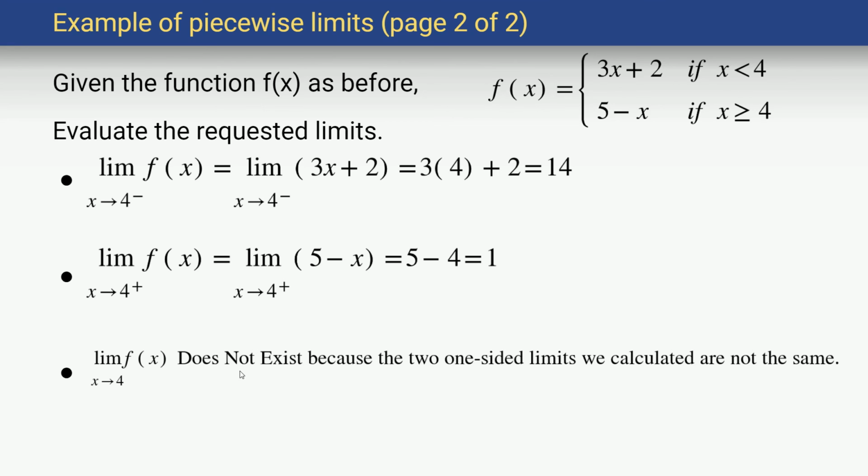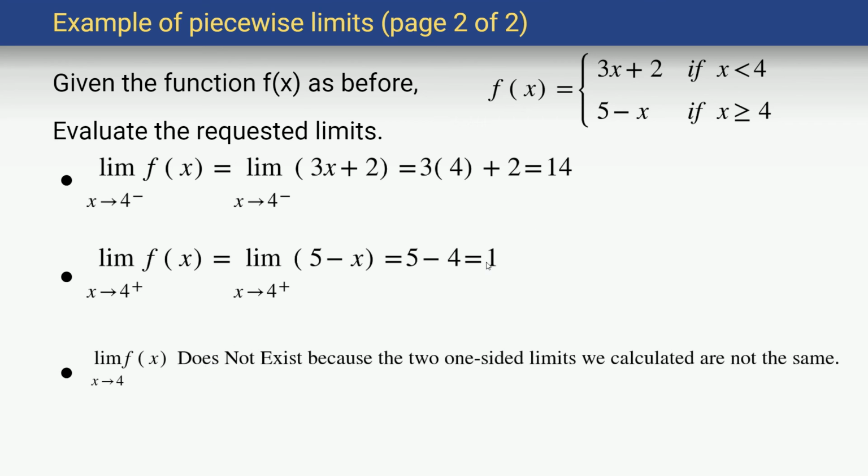It does not exist because remember what we said about two-sided limits in the first lecture. The two-sided limit only exists when these are the same number. So you can't have a 14 and a 1. If you had a 14 and a 14, then you'd say 14. If you had 1 and 1, then you'd say 1.